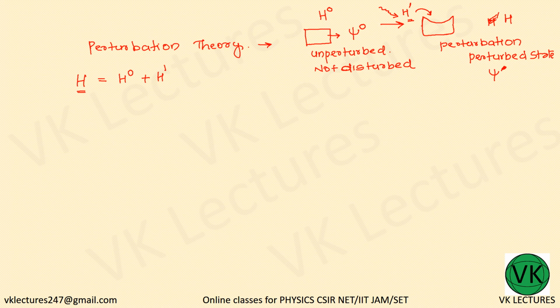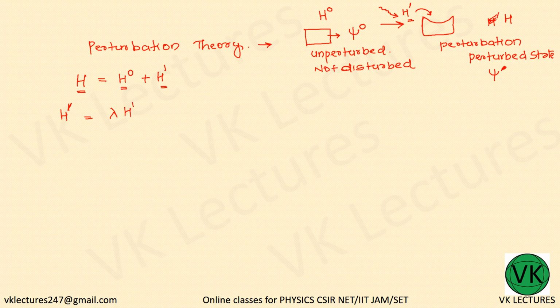This was the earlier Hamiltonian, and this is the induced Hamiltonian. Now we can represent the perturbation H dash as lambda times H1, where this is the order of the perturbation.